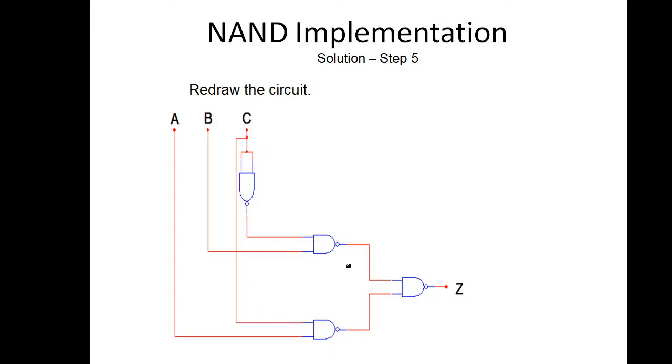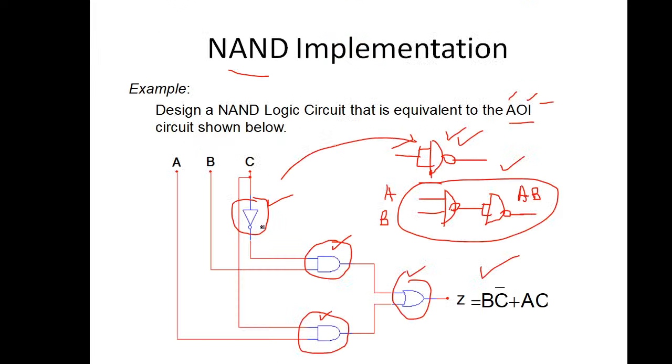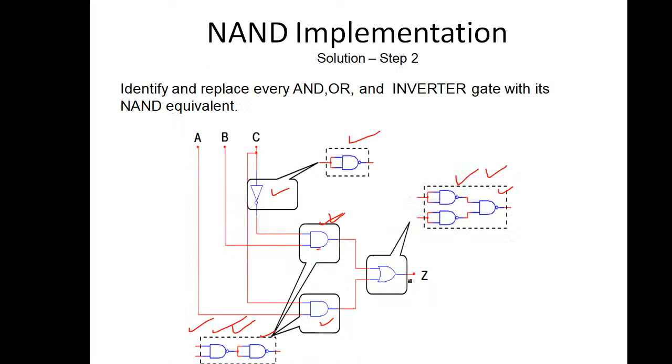So ultimately, how many NAND gates are you requiring? You are requiring basically 4 NAND gates, and 4 NAND gates means how many ICs? In one IC actually. So in the AOI model, how many ICs did you require? I am going to the previous one. For this you required 1 IC, for this too you required 1 IC, and for this one you required 1 IC. So you required 3 ICs.